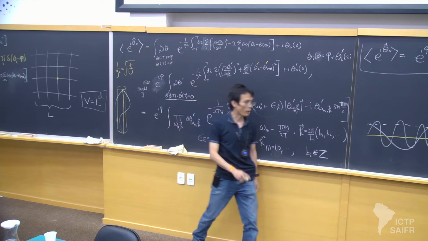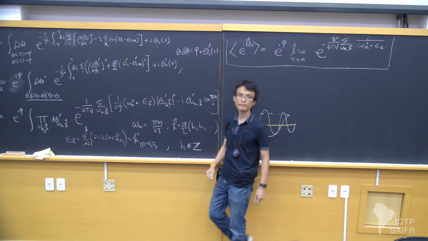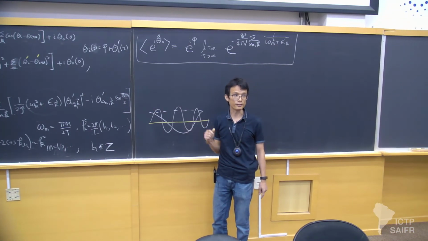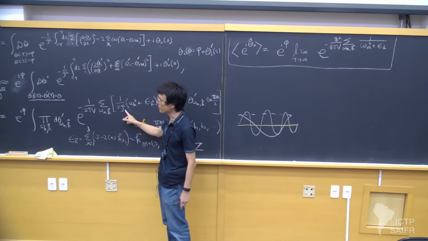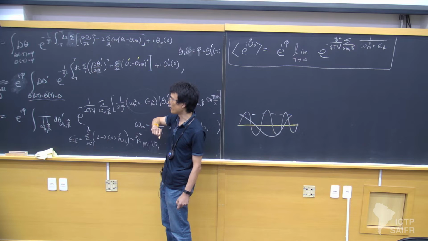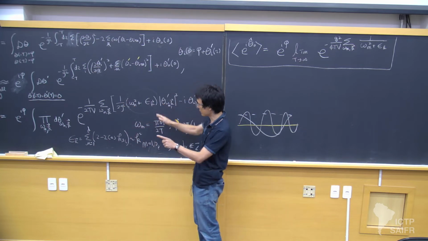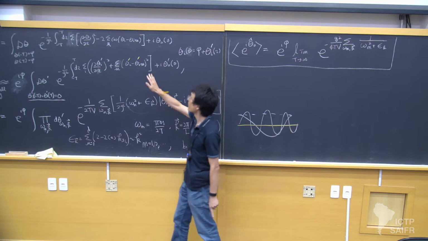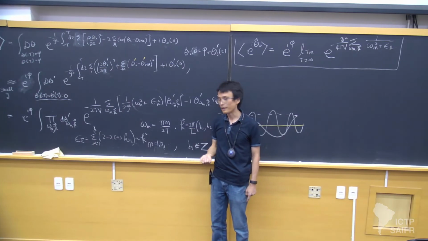So frequency is quantized in integer multiples of pi over 2t to satisfy that condition. And then, of course, there's an overall factor 1 over g squared, because when t is large, it's harder to create such distortion. Okay, so that's right.